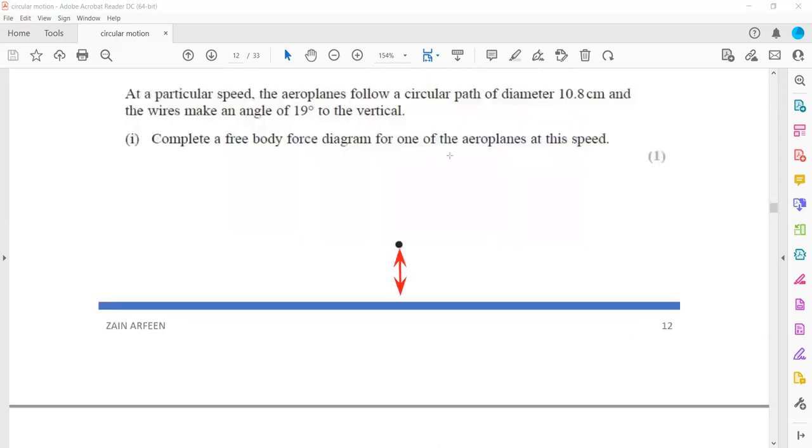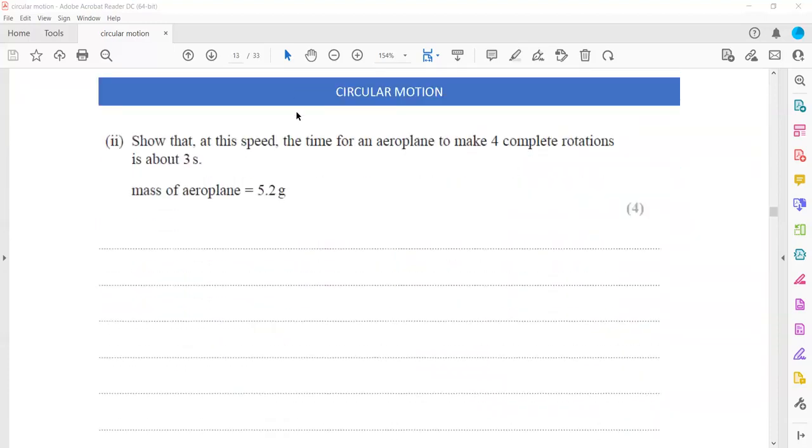And if I'm using the left hand side plane, then the tension will act towards the point of contact. If I'm talking about the right hand side plane, then I should draw in this pattern. And you have to label both arrows, weight and tension.